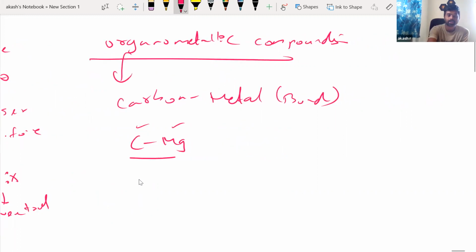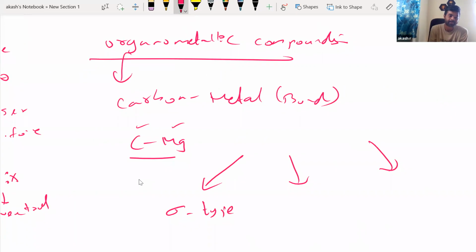Now these organometallic complexes can be divided into three types. One, they can be sigma type, or they can be pi type, or they can be sigma and pi type. Both sigma and pi. Sigma type, pi type, or sigma and pi, both types can be there.